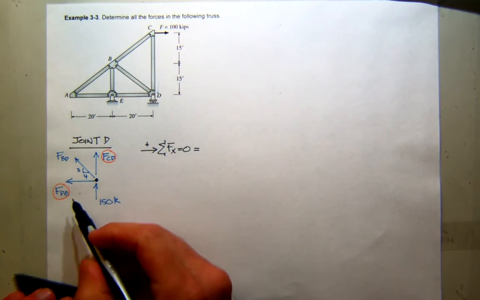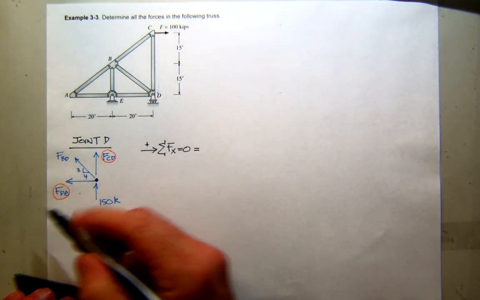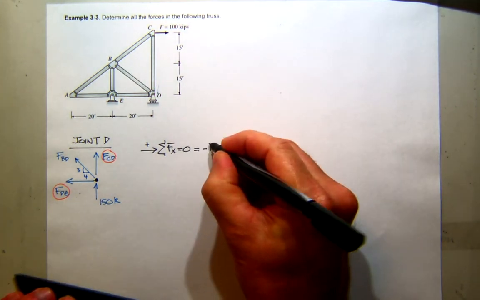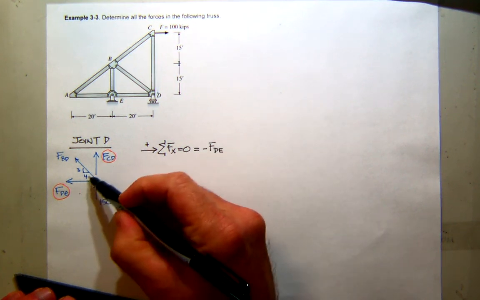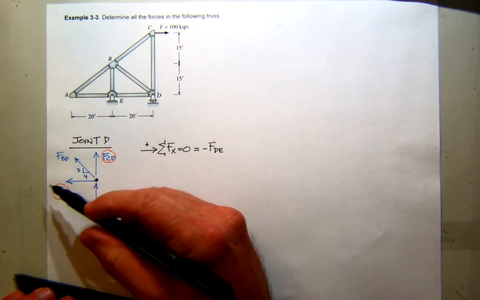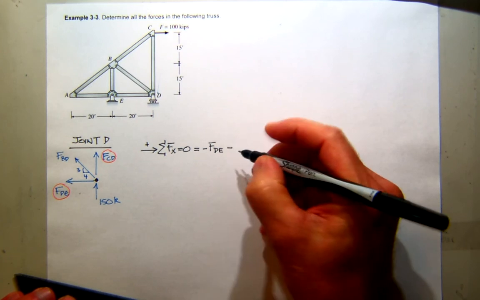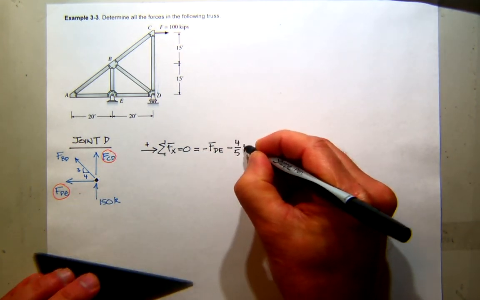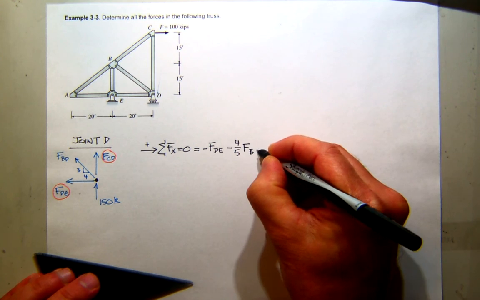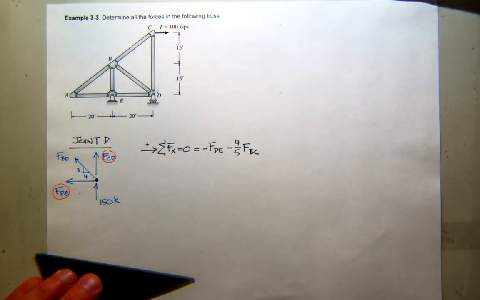So when I do that, I have the force DE to the left. That's negative in my sign convention. I have the X component of BD also moving to the left. And the X component will be 4 over 5, or 4/5 of BD. I think that's it, isn't it? I think so.